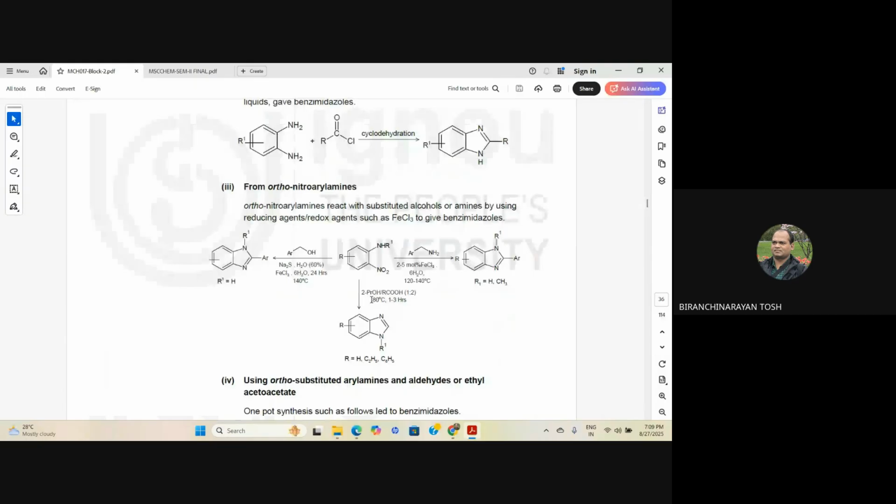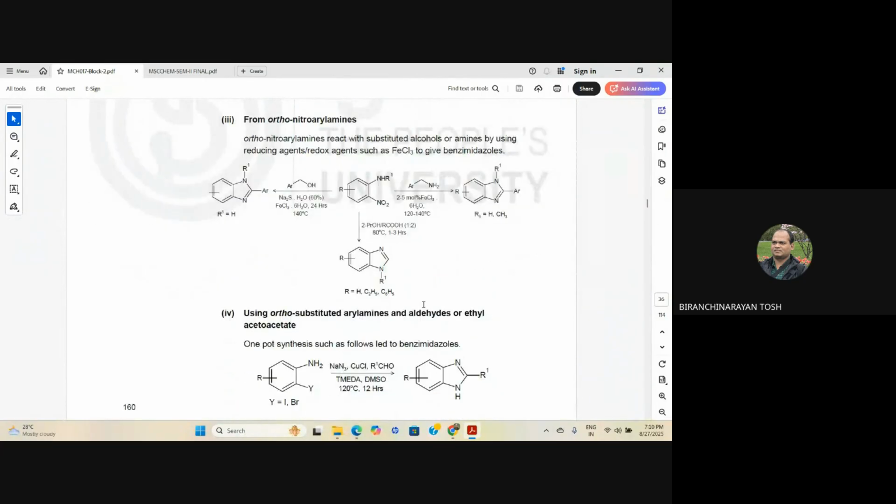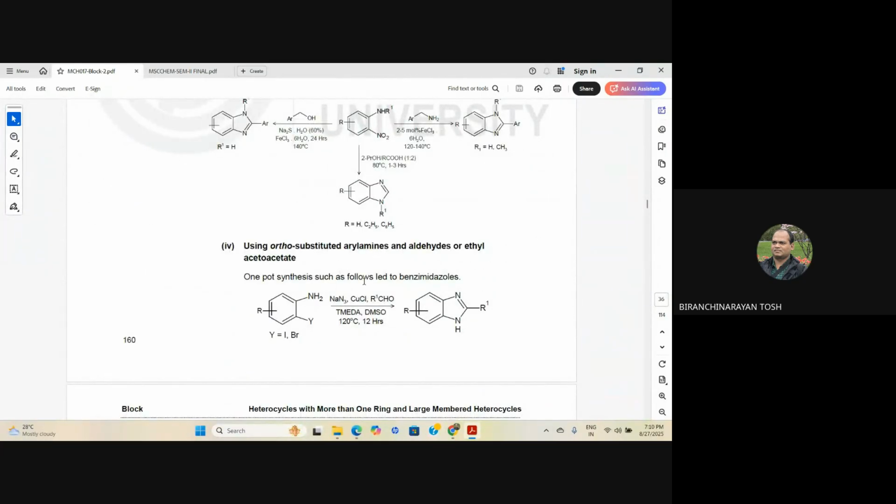Various paths are given here: aromatic amine, substituted alcohol or substituted amine. So orthonitroarylamine produces the substituted benzimidazole, or it also reacts with propanol. Then using ortho-substituted arylamines and aldehydes or ethyl acetoacetate.